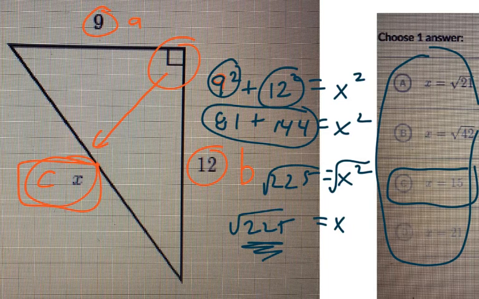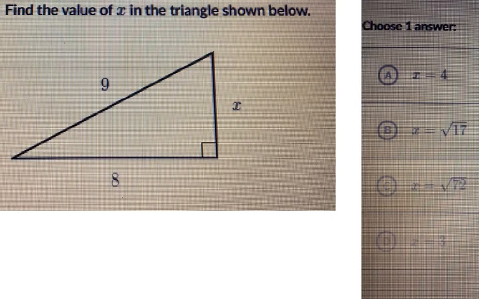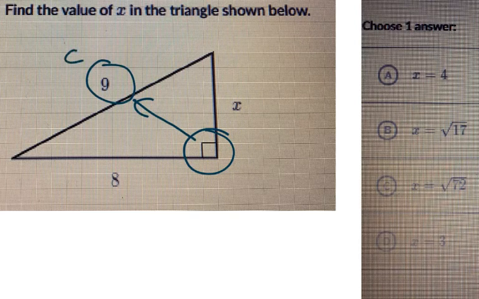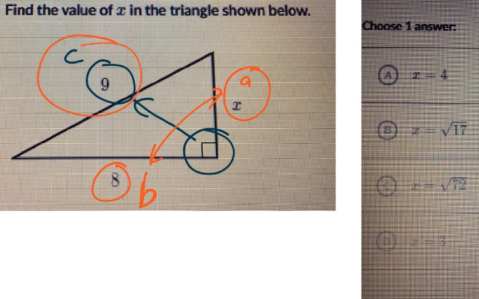Okay, let's do at least one or two more here. This one's going to be a little different. Some of you guys think you always square and add them together, but check this one out. Notice this time, guys, here's my right angle. 9 is opposite of it. That's my C. So this time I know my hypotenuse. I'm missing one of the legs. Now I'm going to call X my A. And 8 here is my B. Does it matter which one I call A or B? No. Make sure the C is, in this case, 9, the hypotenuse. So here we go.